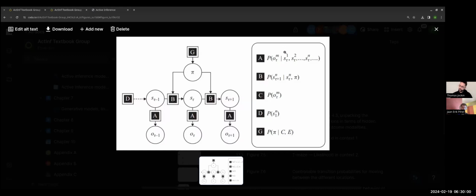Thanks. I'll add a little more on C. So this is the POMDP, partially observable Markov decision process. And every letter here is like a statistical distribution or a variable in the program. So defining the active inference agent is defining the A, B, C, and D, and so on.